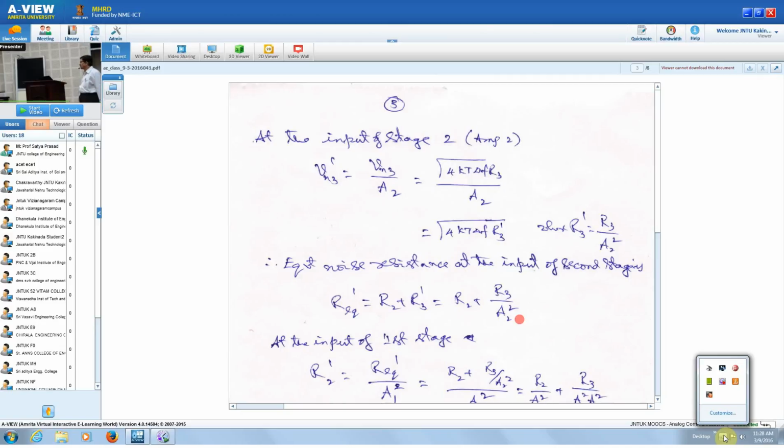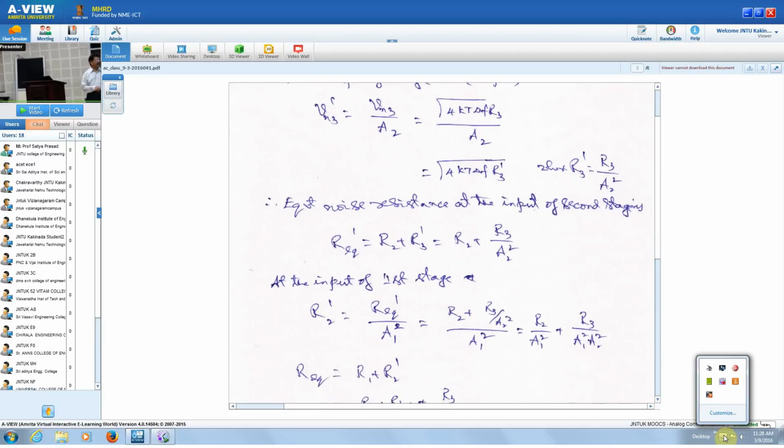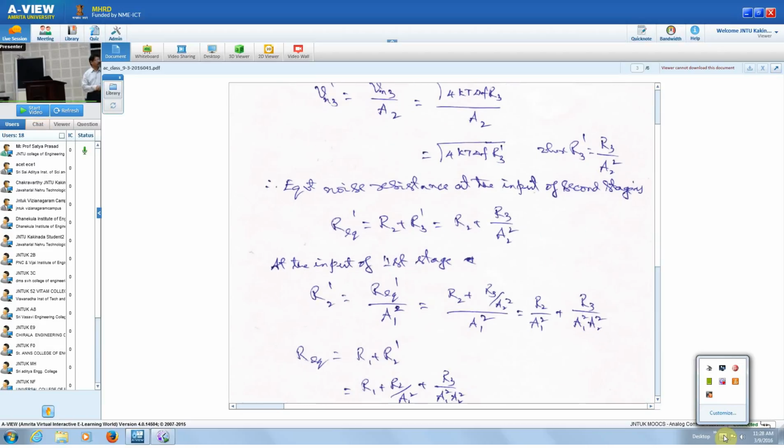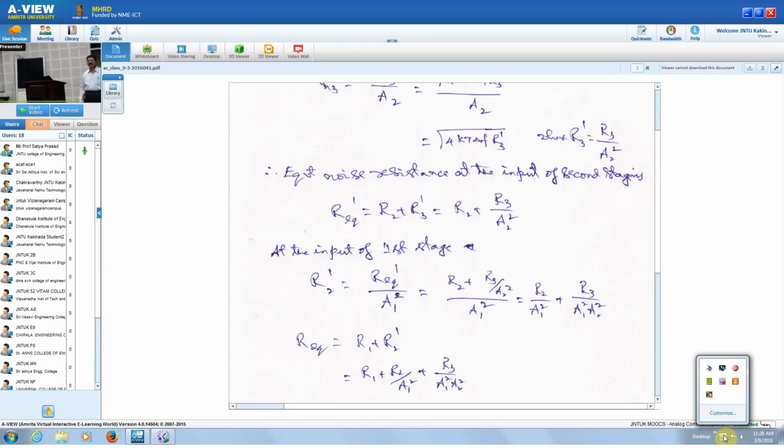This is generating some noise voltage, and we reflect this into the input side of the first amplifier. This total R2 prime that we reflect into the input side of the first stage is this total resistance divided by A1 square. So we have R2 plus R3 by A2 square, all divided by A1 square.